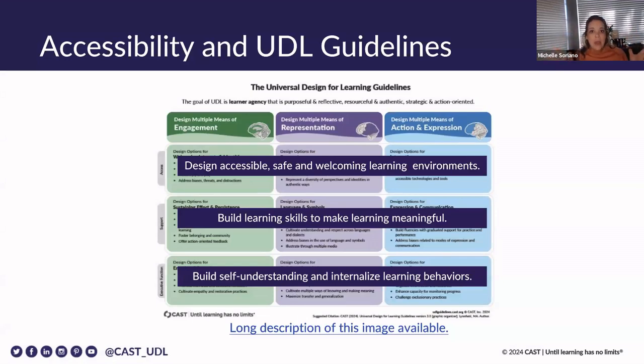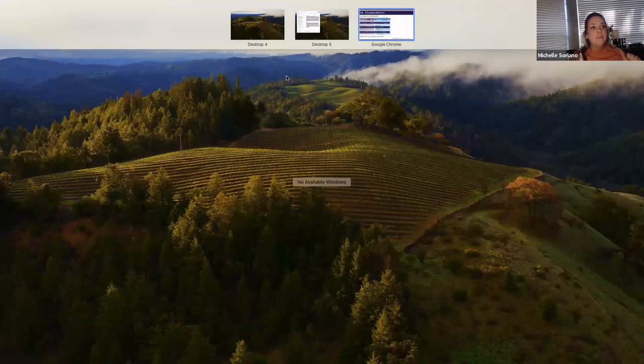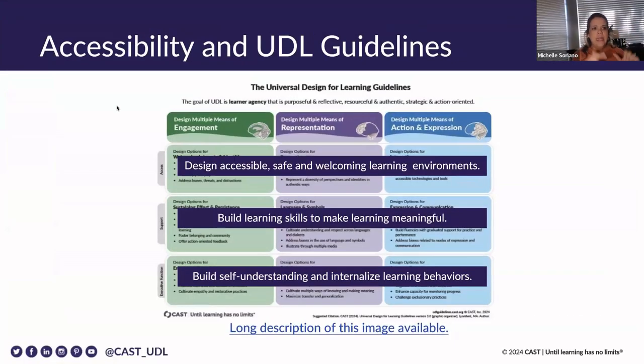When I say UDL guidelines, what you're looking at right now on this screen is what we're talking about. UDL Guidelines 3.0, the latest and greatest version, dropped in July. The focus and the goal is now really looking at learner agency.